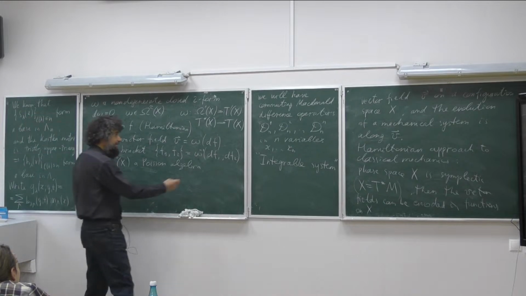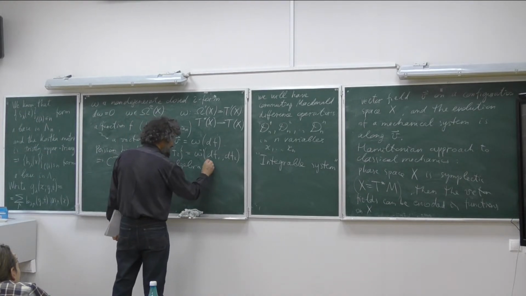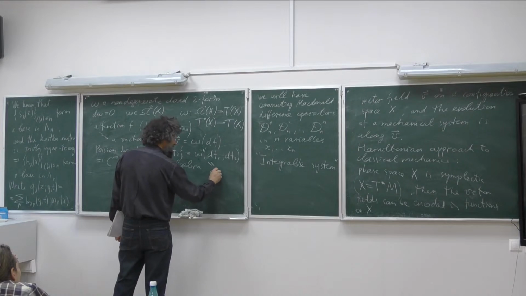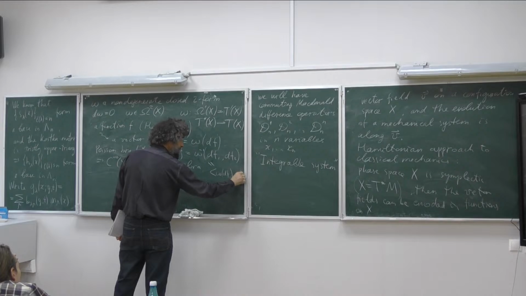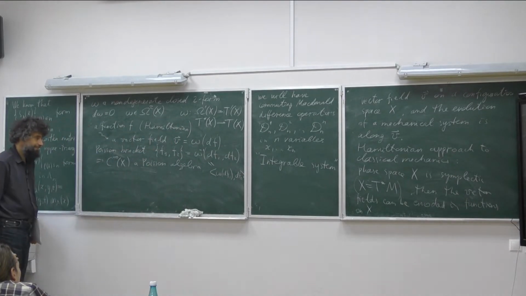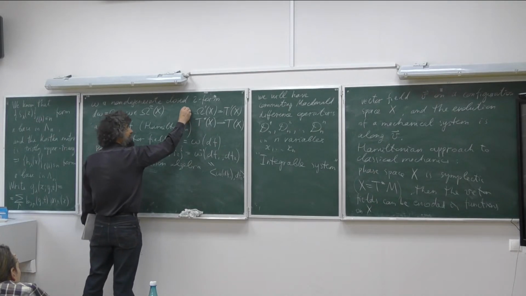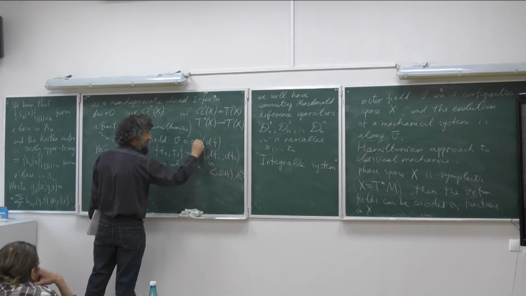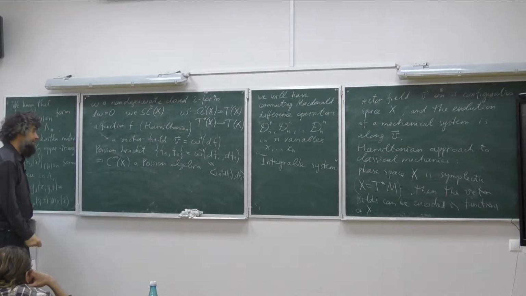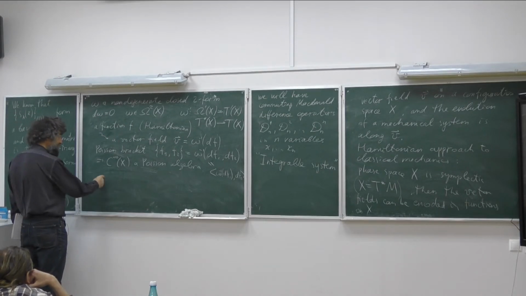Or you can take this pairing of omega of df1 and df2. Or maybe I should call this omega inverse. Okay, so I only want to say that this is a homomorphism of Lie algebras.